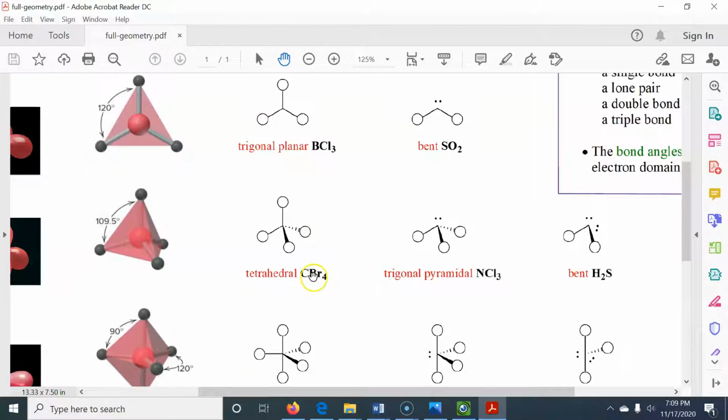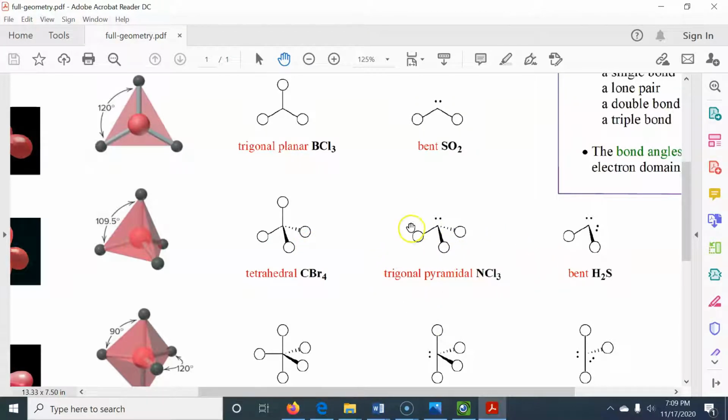Here we have carbon tetrabromide. The strategy here is that all three of these molecules have four balloons. It's just that some of the balloons are bonds, and some of the balloons are lone pairs. And the idea is start with the first member, and then you pluck off an atom and describe the shape made by the atoms.